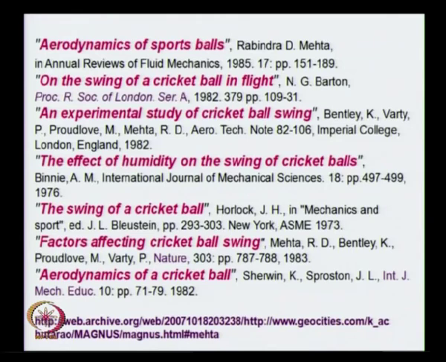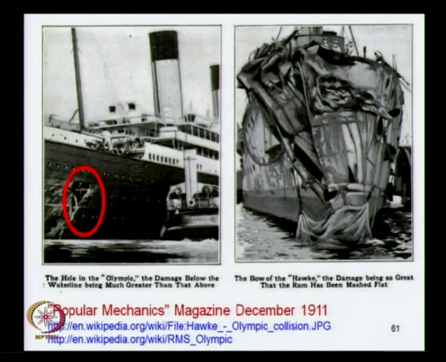Now, this was a relatively straightforward experiment. It did not cause any damage to the pieces of paper when they came closer to each other and hit each other. The paper sheets remain intact, but let me show you some damage which is there on this slide. These are two ships.